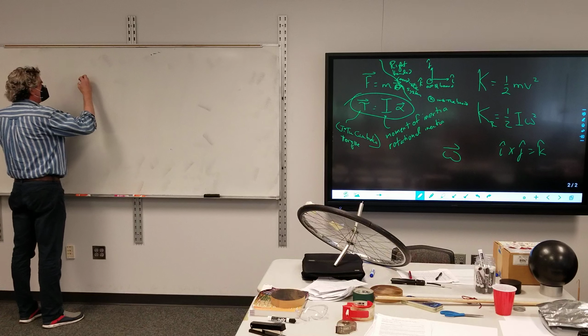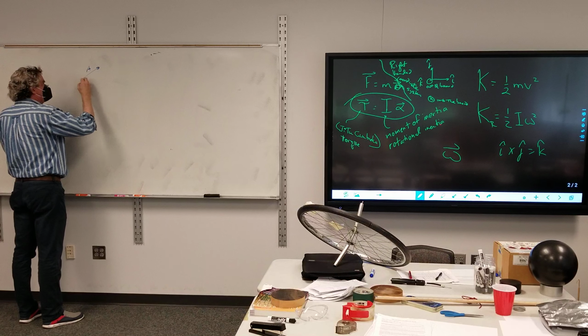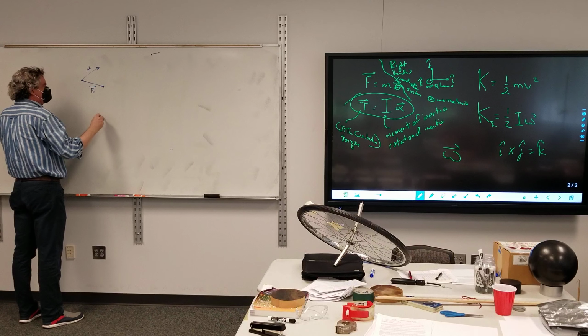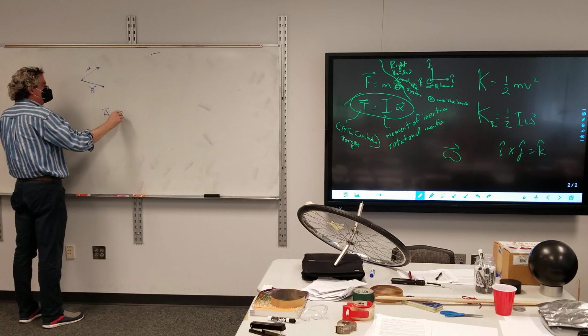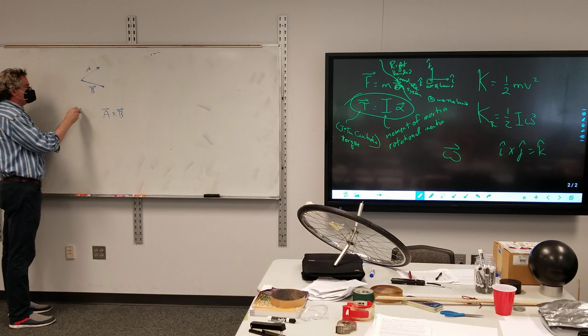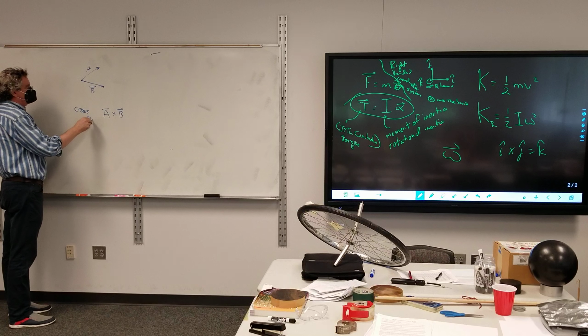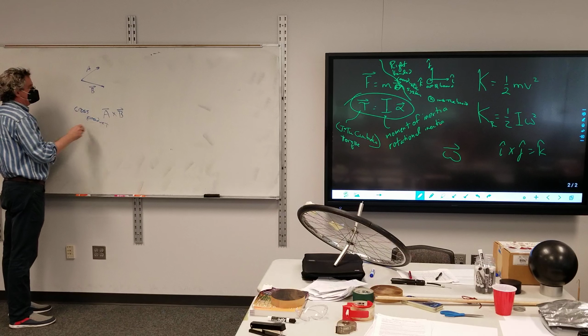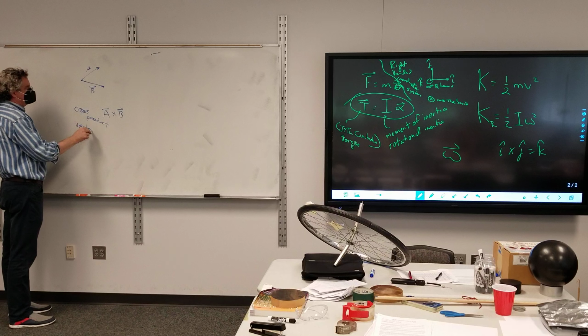If I have two vectors, A and B, A cross B, this is known as a cross product. Also known as a vector product.